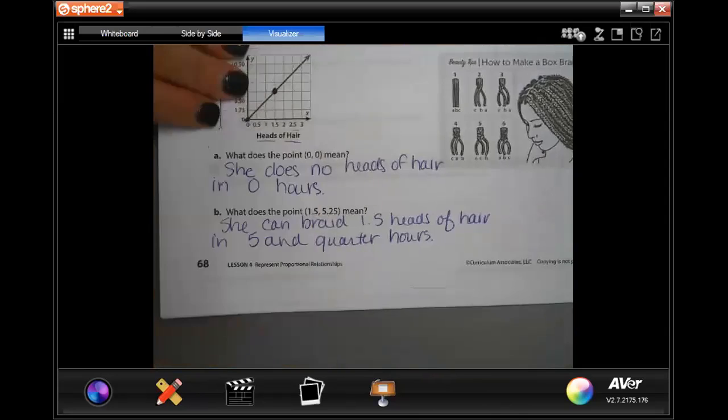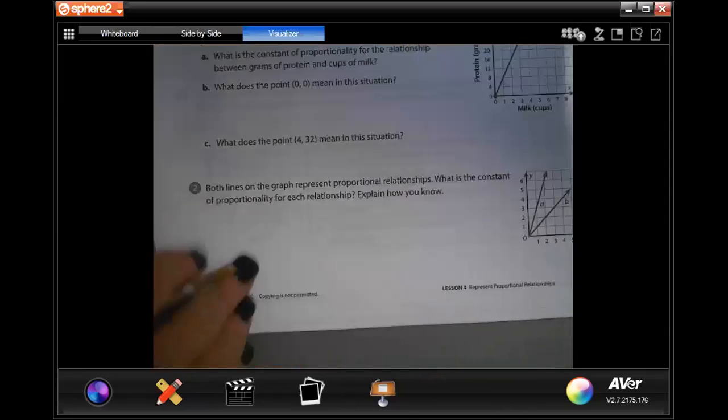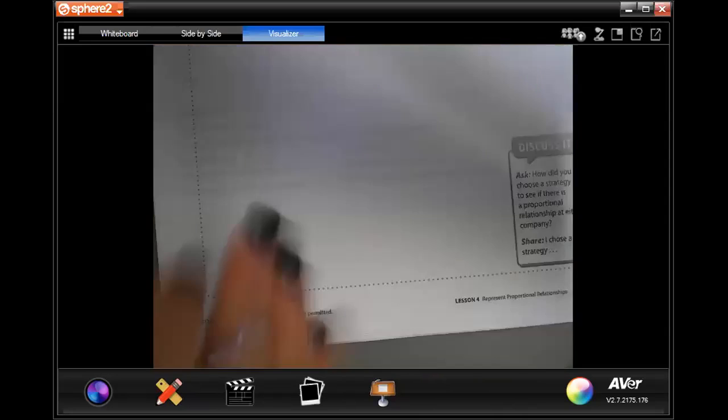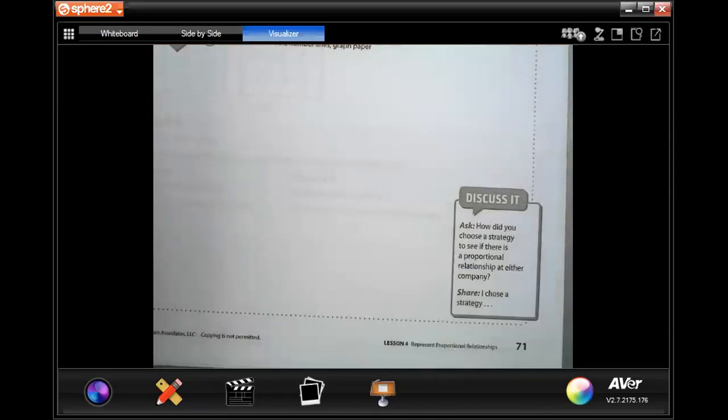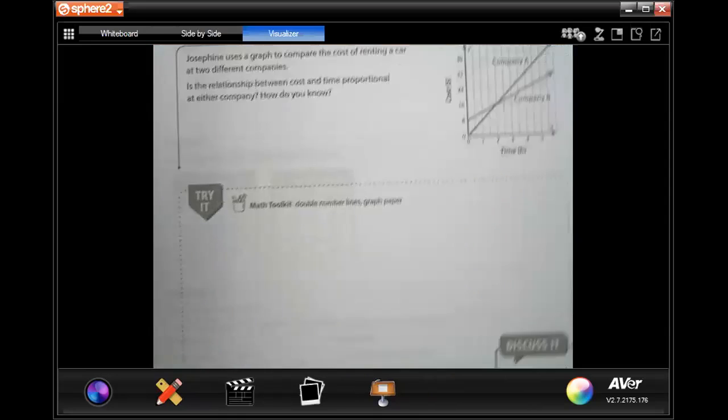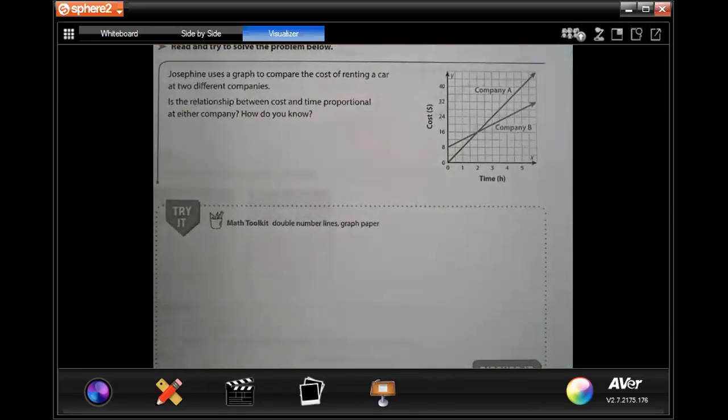All right, I want to take a look at one more thing before I cut you guys loose for your homework. So I want you guys to turn really quick to page 71. Okay, so Josephine uses a graph to compare the cost of renting a car at 2 different companies. Is the relationship between cost and time proportional at either company? How do you know?